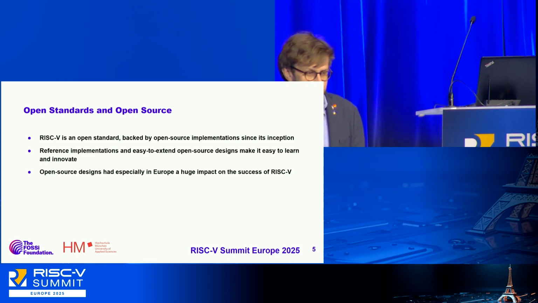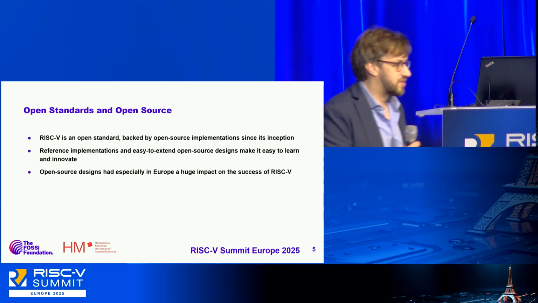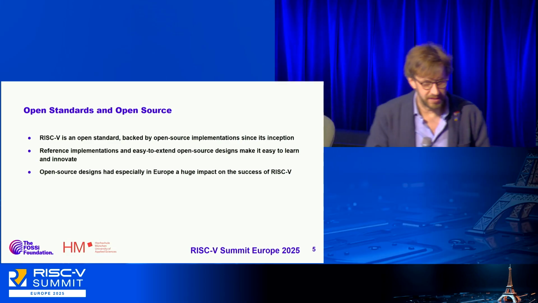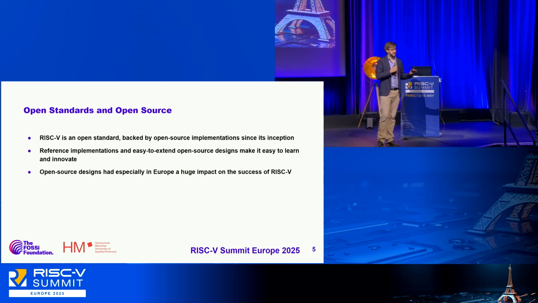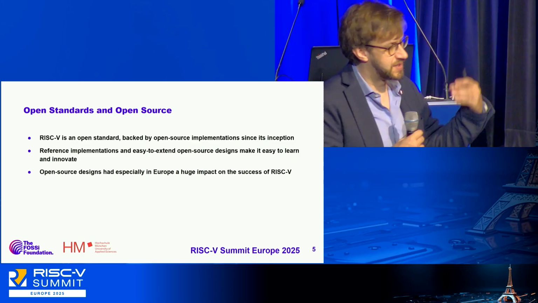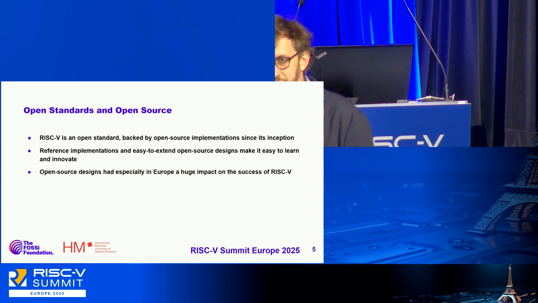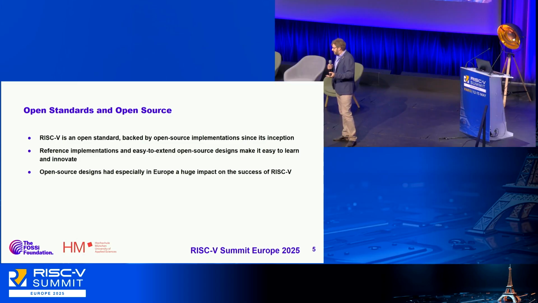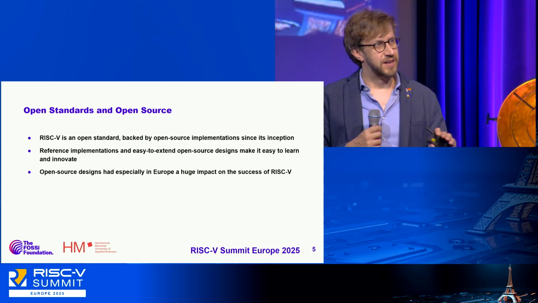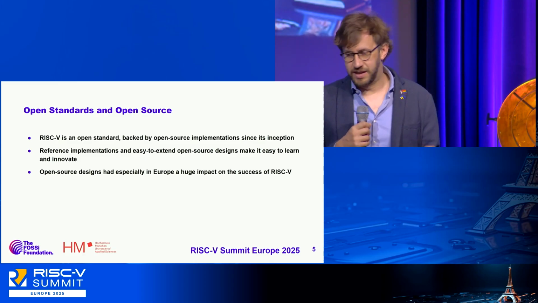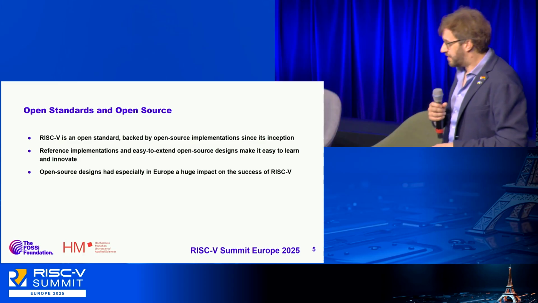And if you think about research, the success of RISC-V can also be hugely attributed to the vast existence of implementations across 32-bit and 64-bit. You have all the different cores available. So I think open source has an important role in RISC-V, and I would like to broaden a little bit and speak about open source in general.